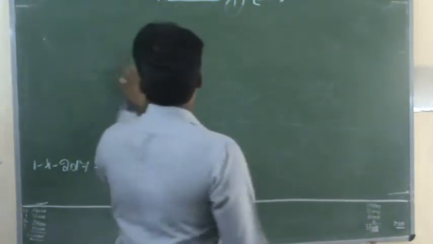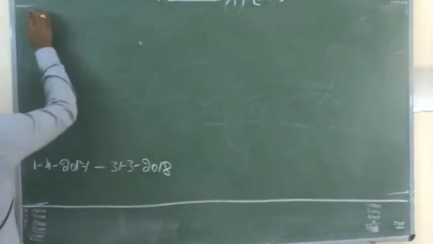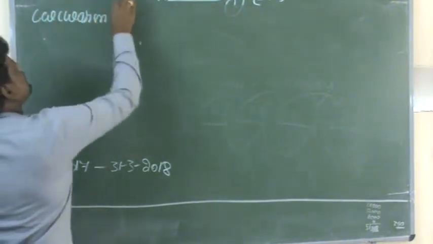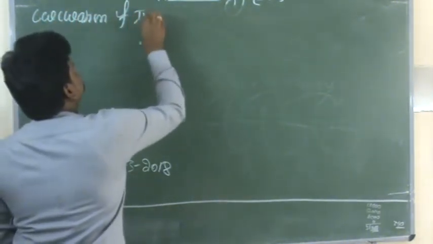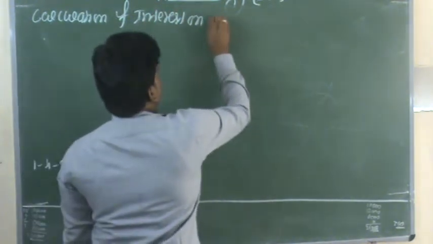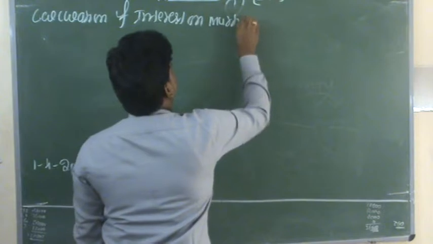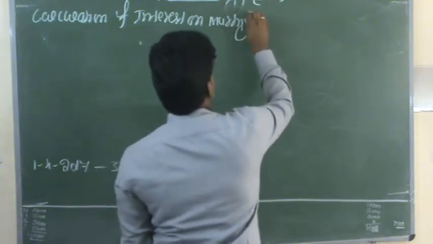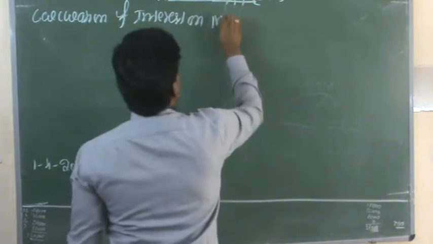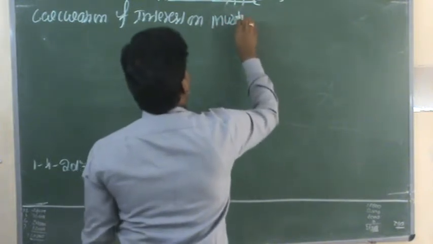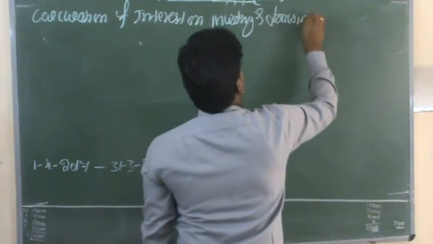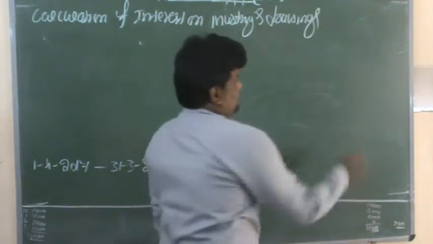First you have to take the heading: Calculation of interest on Murthy's drawings under product method.